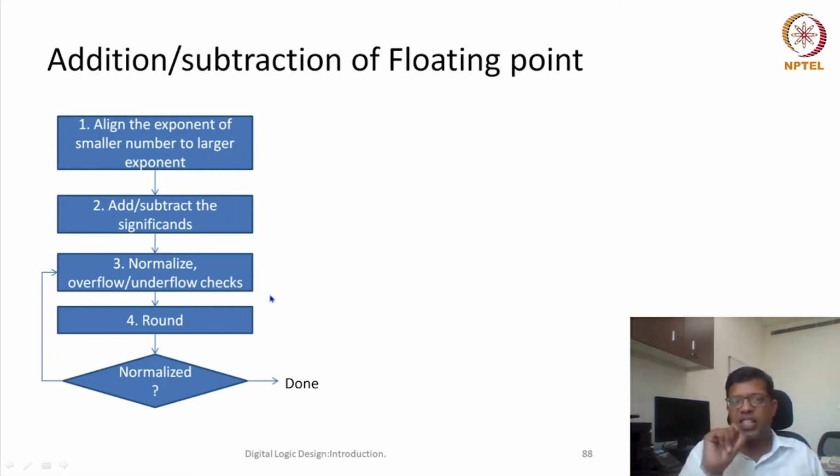To understand this, let's take one small quick example. Let us say these are the two numbers. I am directly representing them in the scientific format, which means I have already extracted my mantissa bits, exponent bits, and sign bits. These two numbers are 1.000, in a format where the significand is already added.